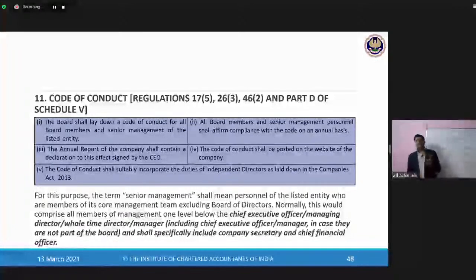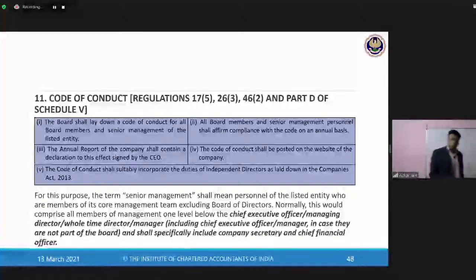In fact, in case of a listed company, you will see that most of the things are available in the public domain. Yeah, it's all about transparency. Transparency in terms of various informations, various requirements, various compliances which the listed company needs to ensure. The code of conduct shall suitably incorporate the duties of the independent directors, which are laid down in the Companies Act 2013. Okay, clear on this?